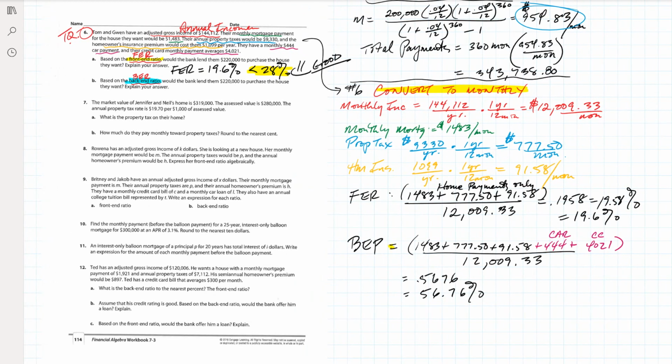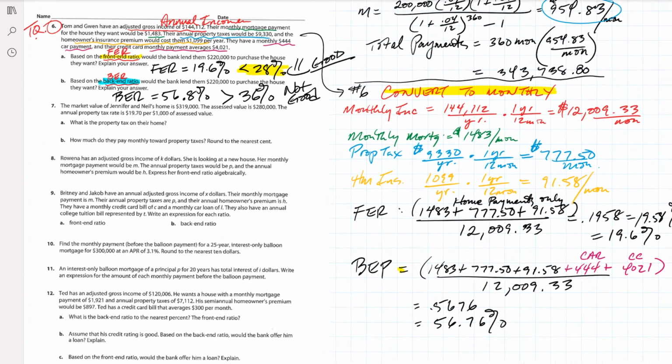Okay, now we have a problem. The back end ratio here is 56.8%, and that is not less than 36%. It is greater than 36%, and we failed right here. This is not good. You have to be less than 36% on the back end ratio to qualify for the loan.